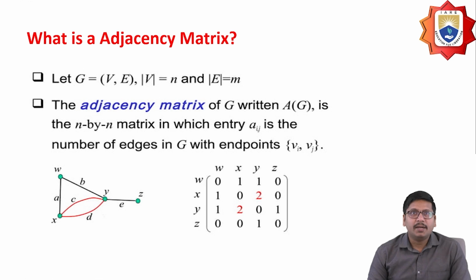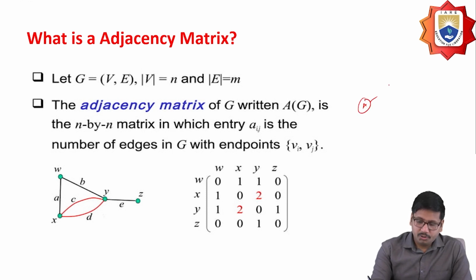So what is an adjacency matrix? The adjacency matrix of a graph is defined as an n by n matrix in which the entries are the number of edges with the endpoints I am reaching.